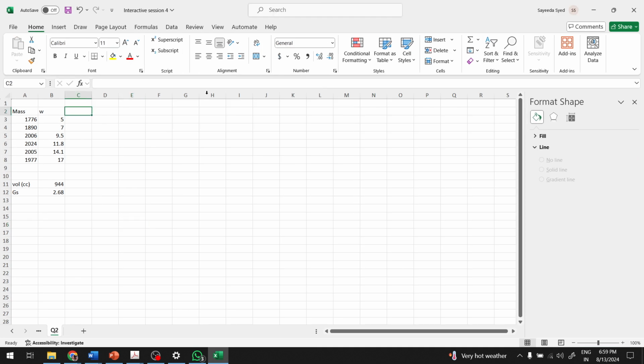So from the mass, what we will calculate? The bulk density. Bulk density will be mass, this is in grams, over volume. And this is in percentage. So from the mass, we will get the bulk density, which is this over volume. Okay, and this will be our bulk density.